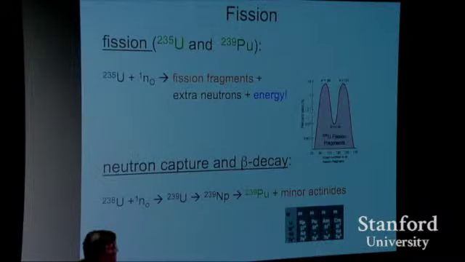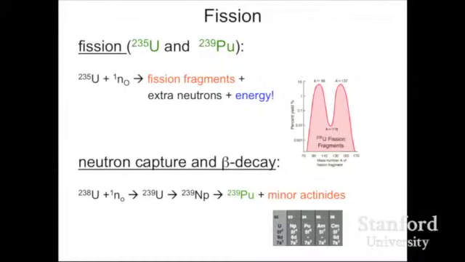We have extra neutrons that are traveling at very high velocity, say 20,000 kilometers per second. They have to be slowed down, so in a reactor we have a moderator, say carbon, that slows them down by collisions.